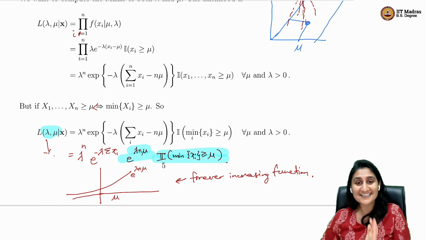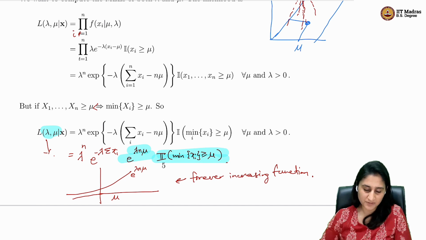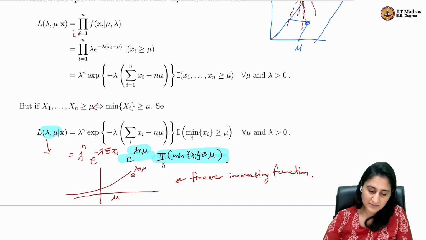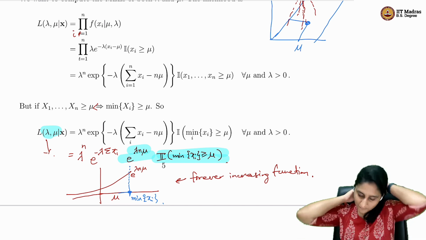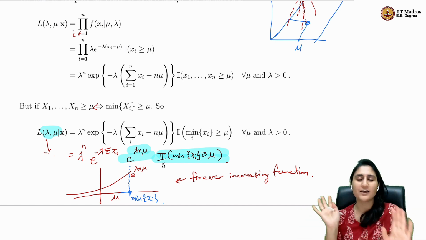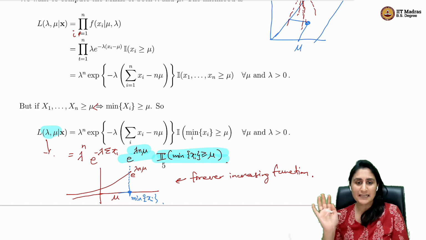It cannot exceed the minimum of all the observations, which means that the largest value of mu that it could have is the minimum of all of the xi's. So the largest value of mu that's actually possible is the minimum of xi's.